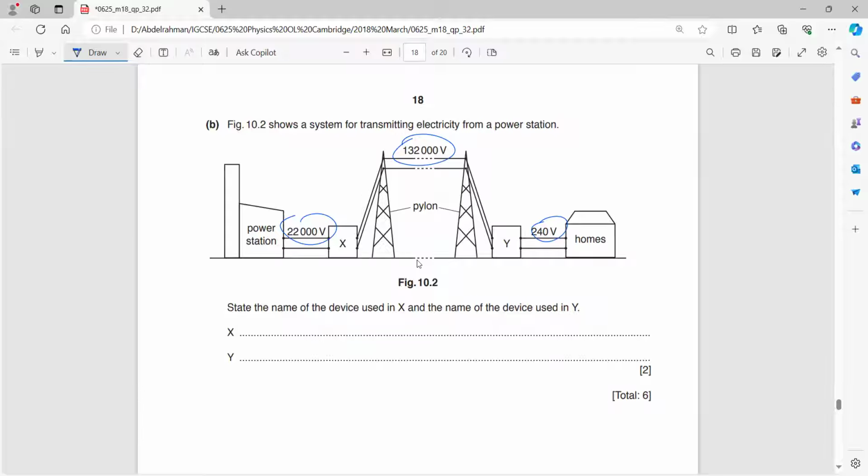X is a step up transformer and Y is a step down transformer. Step up because the voltage increased, and step down because the voltage decreased. Quite easy.